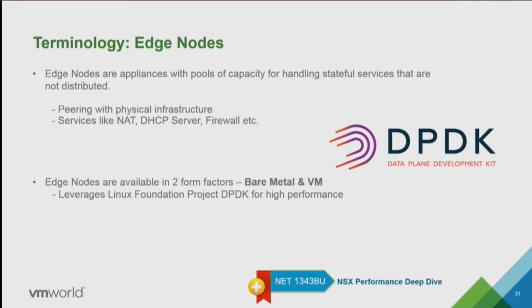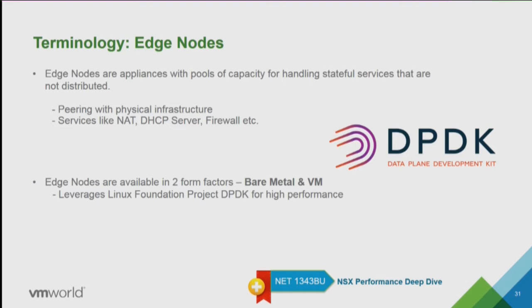The second terminology I would like to introduce is what we call an edge node. Edge nodes are basically just appliances with pools of capacity for handling stateful services. Some of the stateful services which you can host on the edge nodes are pairing with the physical infrastructure. We do not want to have routing on every hypervisor.